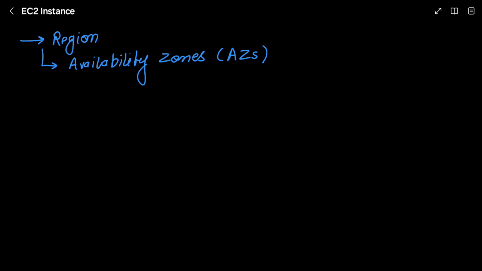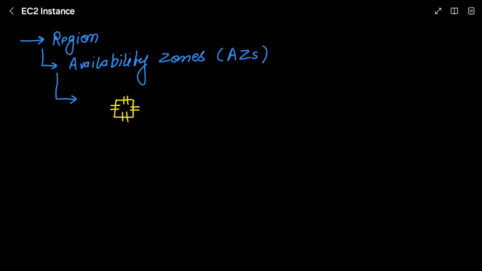These availability zones are mostly known to be data centers eventually. And in every availability zone, you can have your hardware intact. So one availability zone can have your EC2 instance that's running.